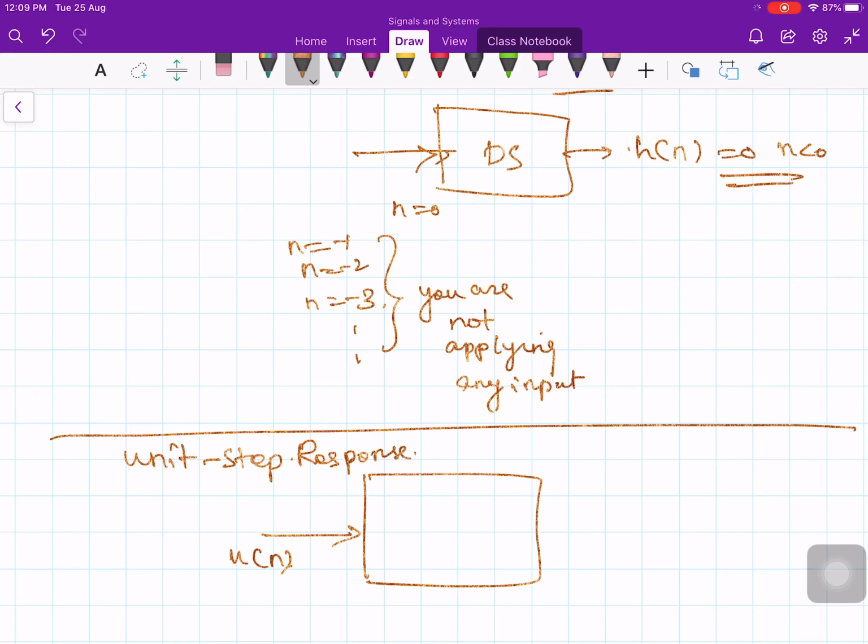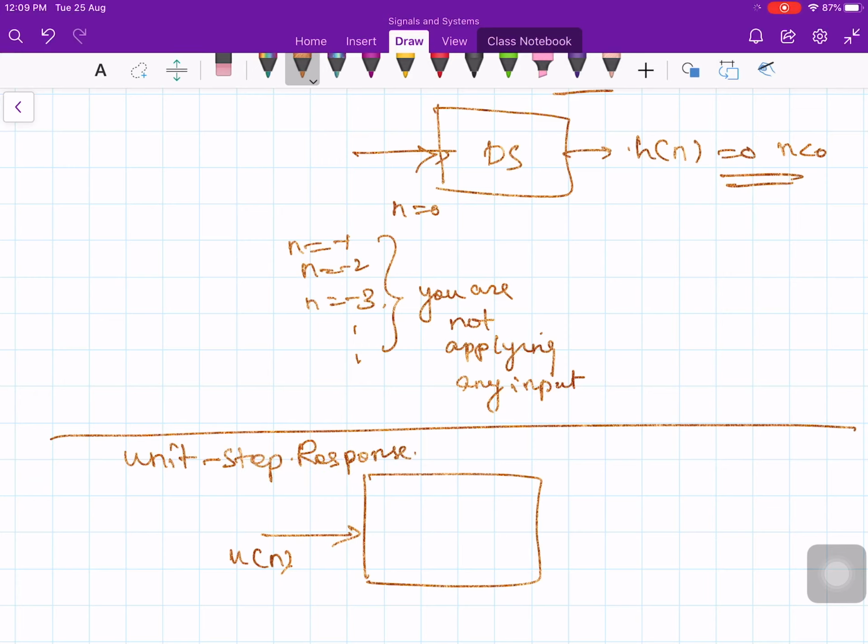Let's say at n equals 0, this is your value and this is your value. Like this, I'm arbitrarily drawing some values. The negative side may have some arbitrary values like this, minus 1, minus 2, minus 3, minus 4, and so on and so forth.